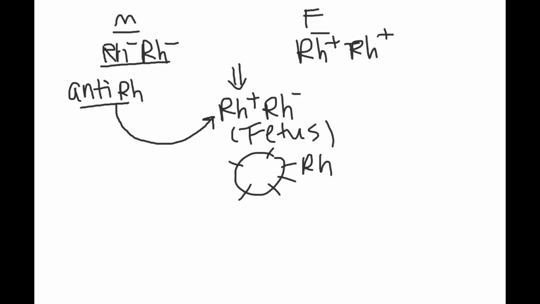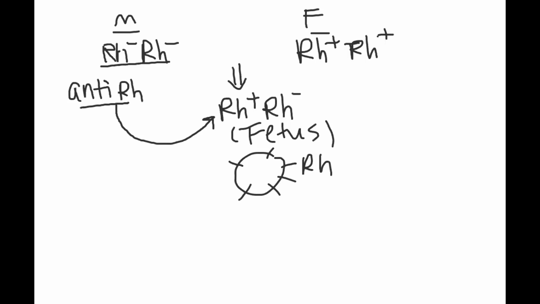So usually the first pregnancy is safe, right? There's no chance for the fetal blood and maternal blood to cross, because you have a placenta, not in direct contact on both sides.